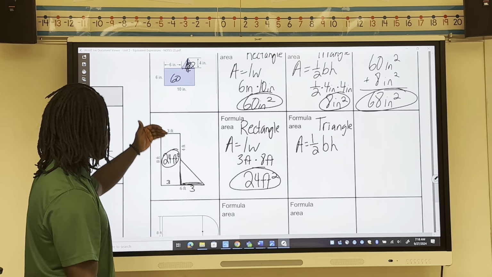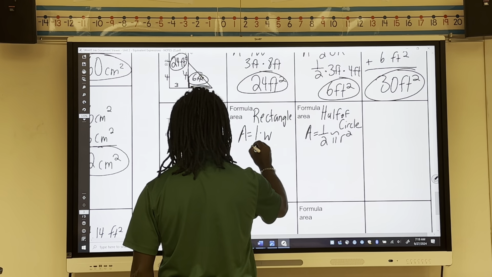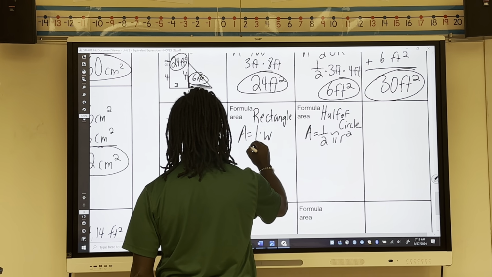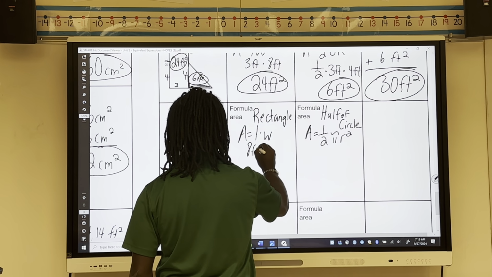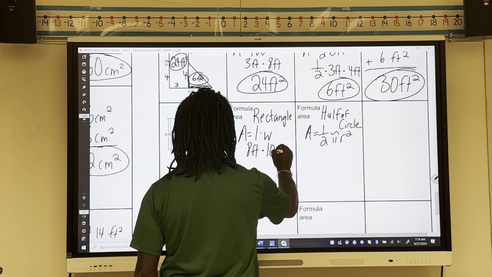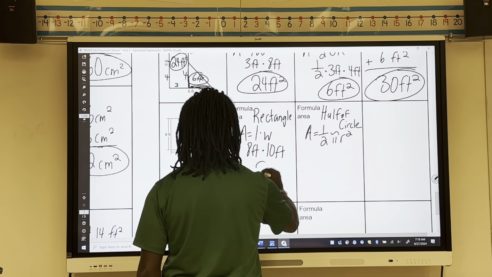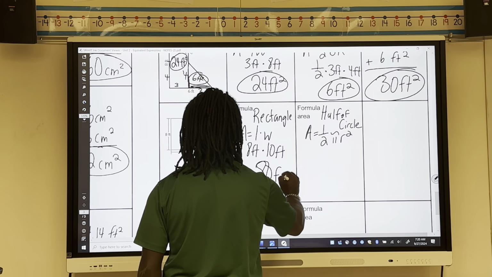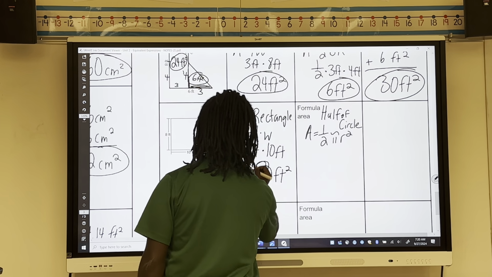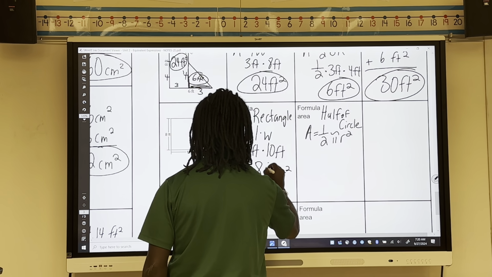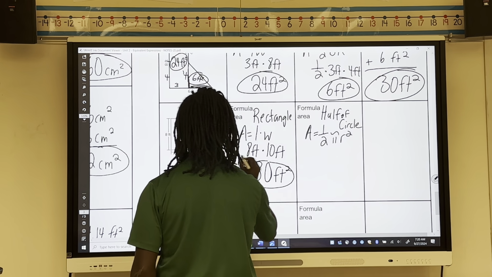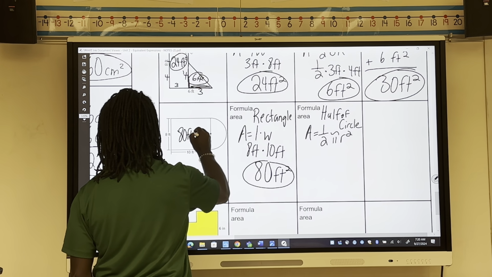The area for my rectangle is the length is 8 feet. The width is 10 feet. We get 80 feet squared. Let me write that a little better. 80 feet squared, okay? That's the area, okay?